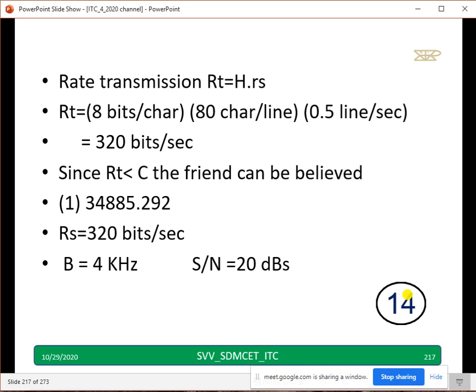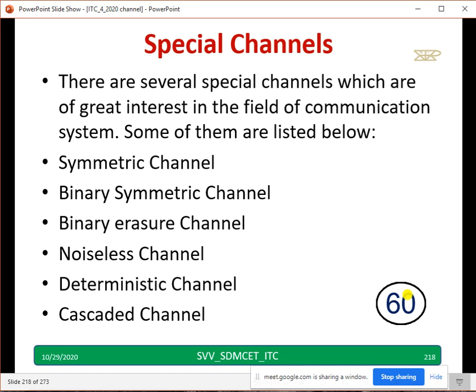Let me go to the next. These are the special channels, and there are several special channels which are of great interest in the field of communication systems, and those are symmetric channel, binary symmetric channel, binary erasure channel, noiseless channel, deterministic channel, cascaded channel. Just read it twice, thrice, and for every channel 1 or 2 lines we'll discuss. Usually they ask for short notes in most of the university question papers.